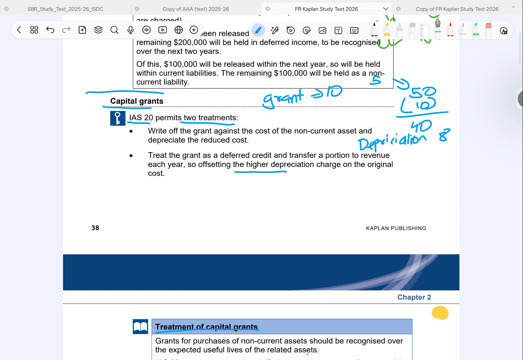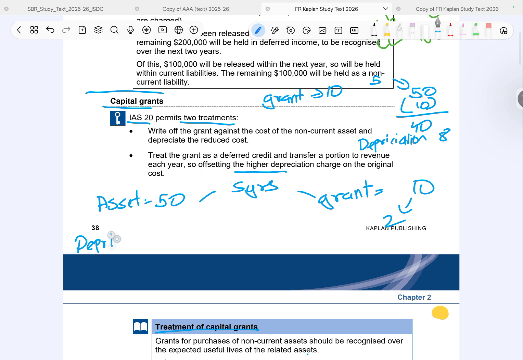Okay, so let's say again we have a grant. The asset is 50, we have a grant of 10, and the asset life is 5 years. What we are going to do is write the asset at 50 only in our books, and we'll recognize this grant also over 5 years, which gives us 2 per year. So for 50 and 5 years, our depreciation will be 10, obviously.